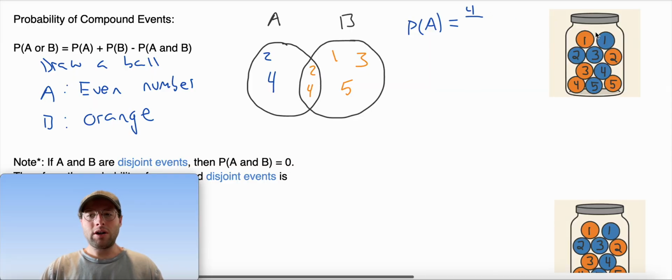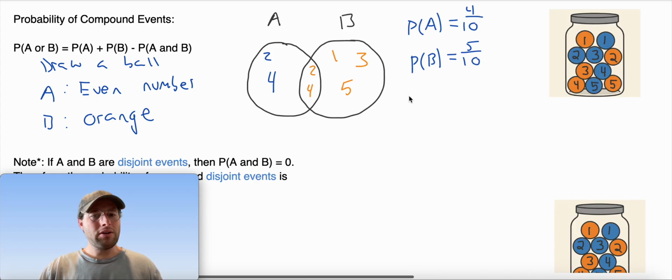There are 10 balls total in the jar, so that's 10 possible outcomes. All right, so now we're going to look at the probability of B. The probability of B equals all of the outcomes that are included in B. So we have 1, 2, 3, 4, 5. 5 favorable outcomes out of the 10 possible outcomes.